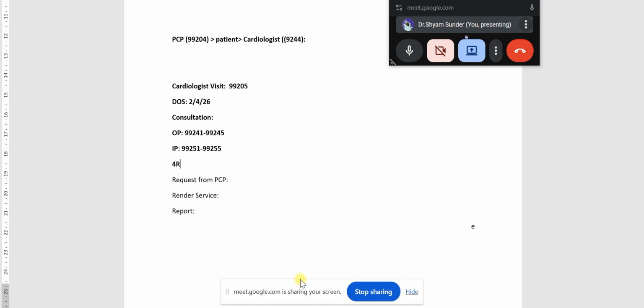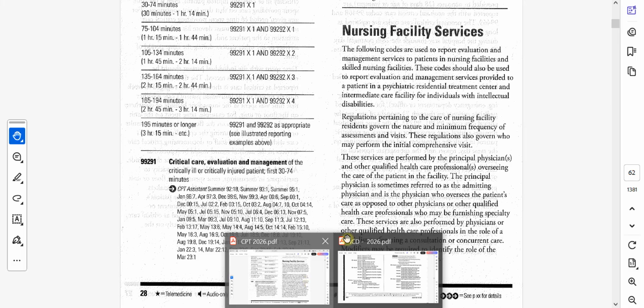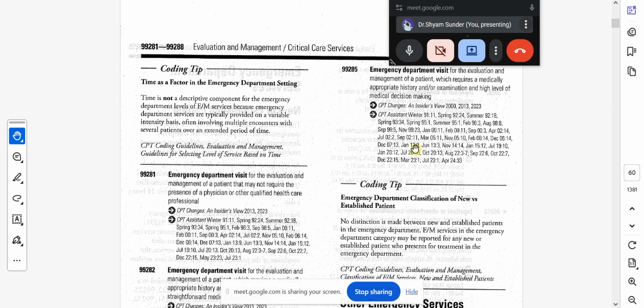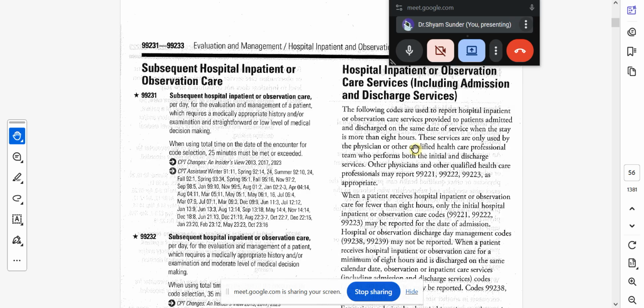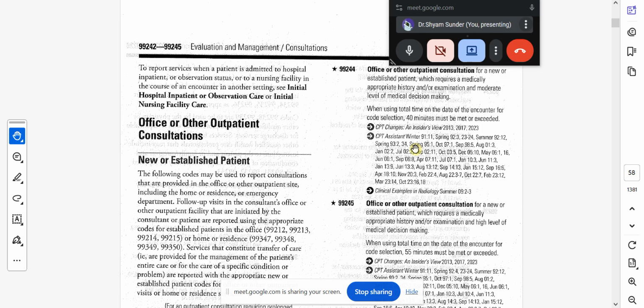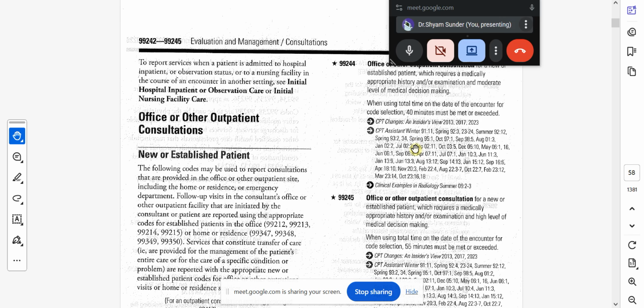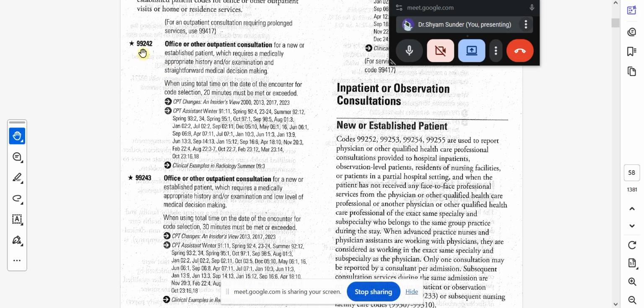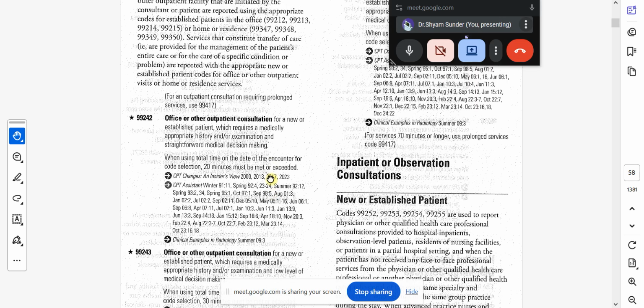Now the codes start with 99242. Let us look at those codes, page number 23 and 24. 99242, 243. Previously 241 was there, but it was deleted.